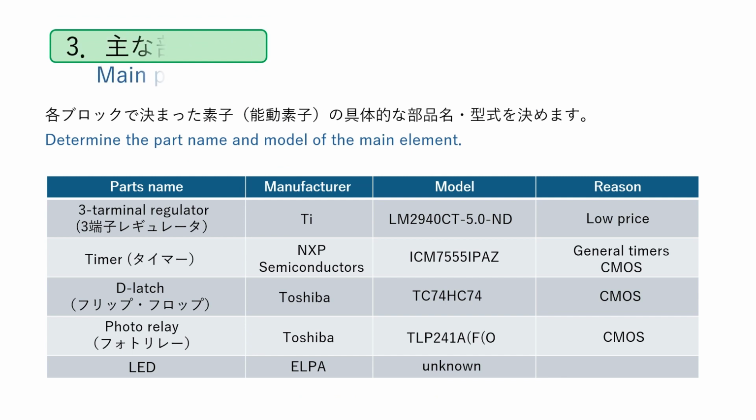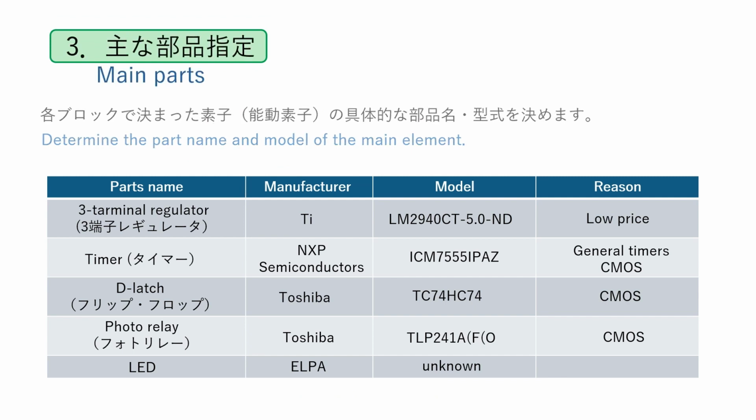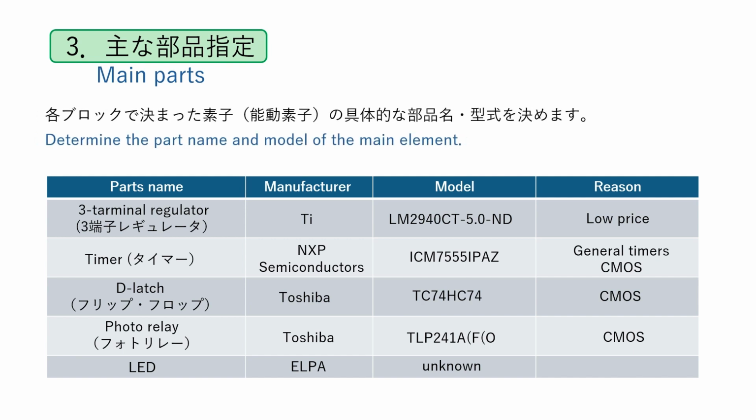3. Main parts. Determine the part name and model of the main element. The 3-terminal regulator is manufactured by TI, and the model name is as follows. The timer is manufactured by NXP Semiconductor, and the model name is as follows. Divide the input by 4 with a flip-flop.